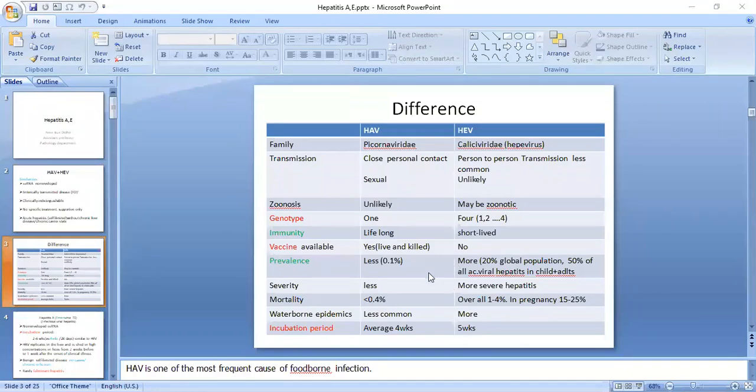Regarding prevalence, the A virus is less than 0.1%, meaning the disease is prevalent in less than 0.1%, while the prevalence of the E virus reaches about 20% of the global population, and it arises in children and adults.